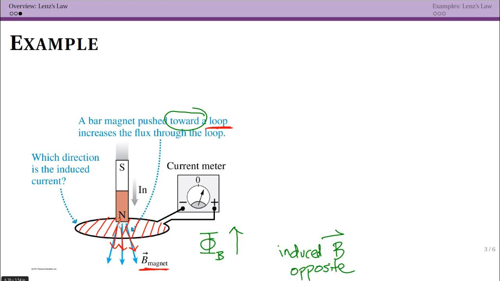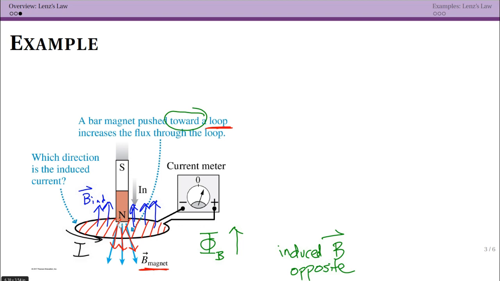So we need to counteract that, and the induced B would then be this upwards direction. That's going to counteract the increase in flux. That's step 3. So finally then, what current do we need to create that upwards facing magnetic field?